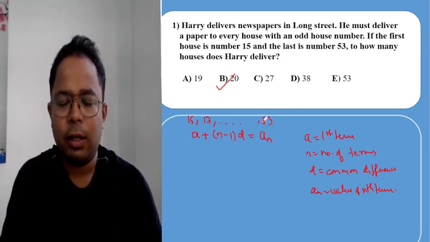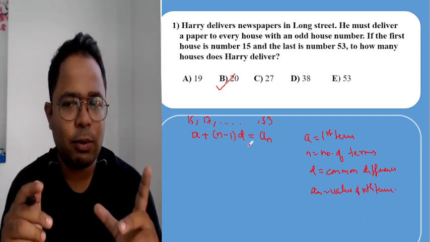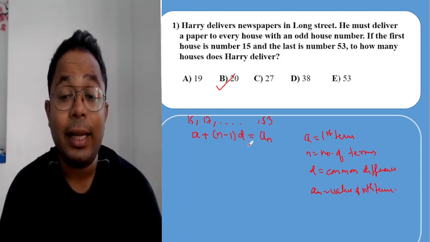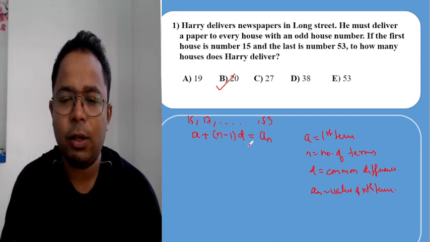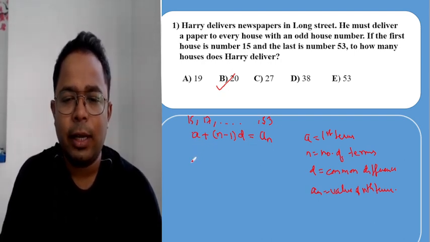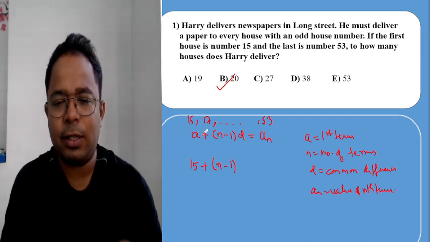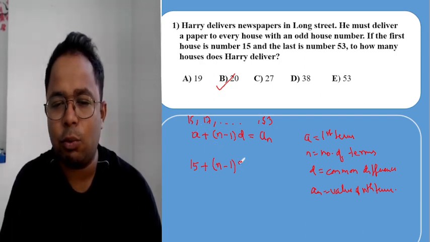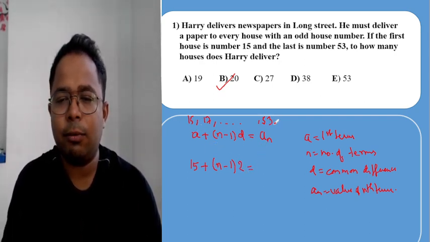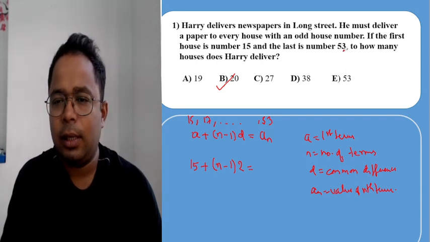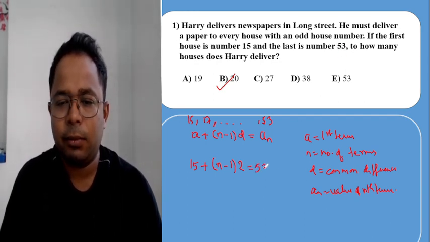Since the numbers were few, it was calculated manually, but in case the numbers are big, we can put the values here. A, the first term, is 15, plus n minus 1 times d. D is 17 minus 15, the difference of the two terms, that is 2, and the last term is 53.